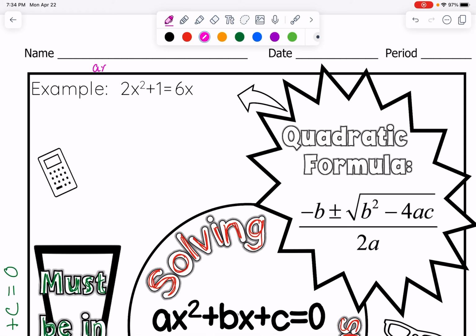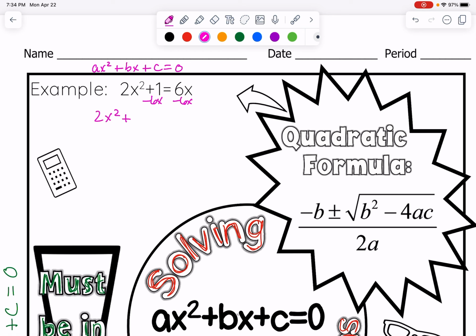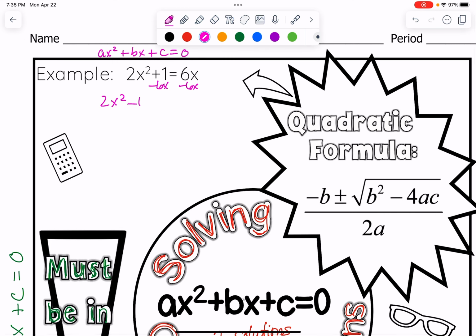Standard form says ax squared plus bx plus c equals 0, where c is always your constant. So to get that, I just need to subtract 6x from both sides. Now here's the first place you can trip up. None of these terms can combine. One's an x squared, one's an x, and one's a constant. Those don't combine. We just rewrite it so that I have 2x squared minus 6x plus 1 equals 0.